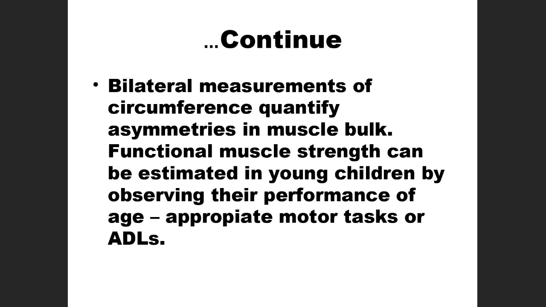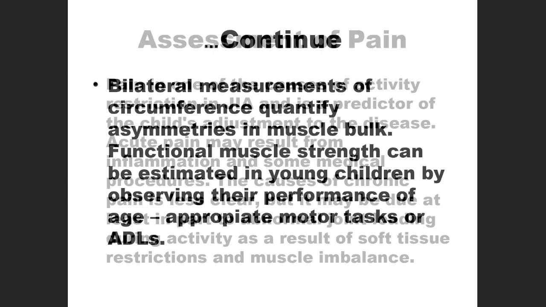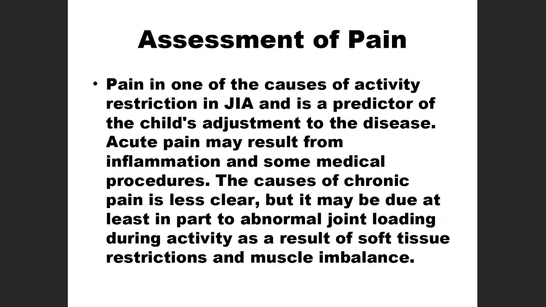Once we have a detailed assessment of each muscle, bilateral measurements of circumference quantify asymmetries in muscle bulk. Functional muscle strength can be estimated in young children by observing their performance of age-appropriate motor tasks like ADLs. So along with the performance, we will be assessing the pain also.